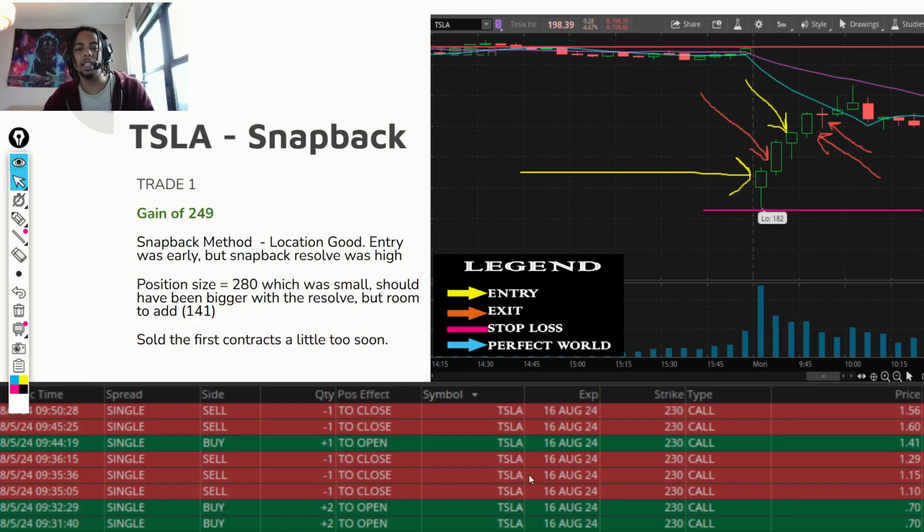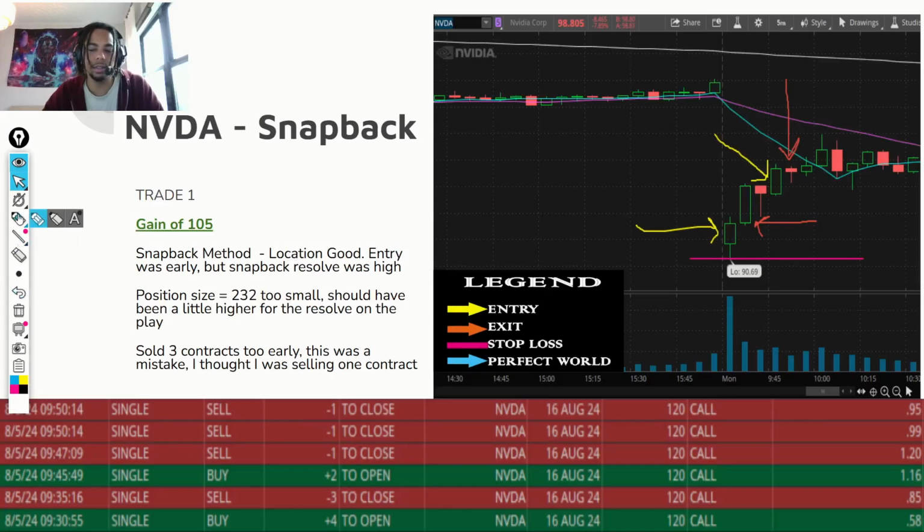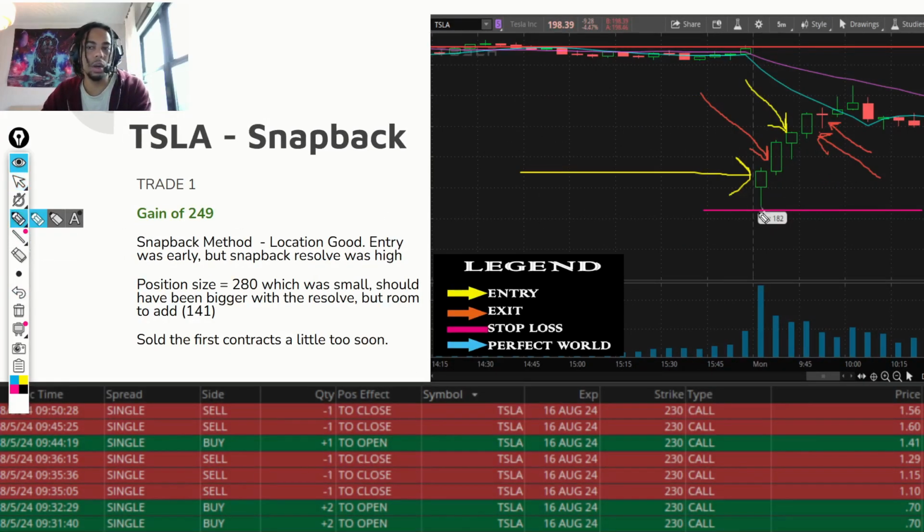The next mistake is just giving away contracts too soon. I sold the first one after the first 5-minute candle, down here at the start of this candle.